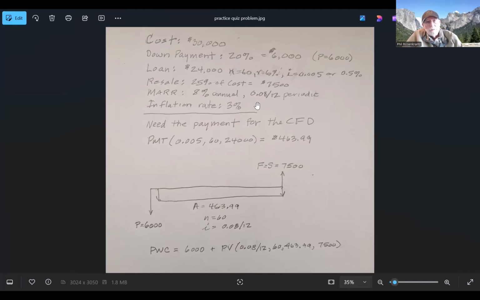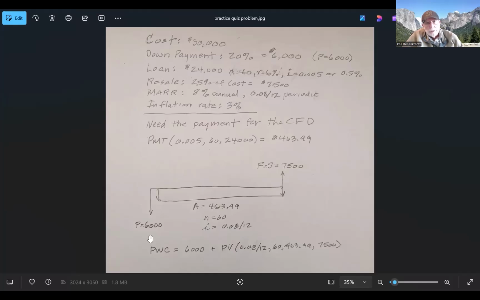Now, inflation is actually in already because the MARR of 8%, when it's figured out by the financial people, it intrinsically has inflation considered in the MARR. So that's where it's considered. So this was really just a red herring.